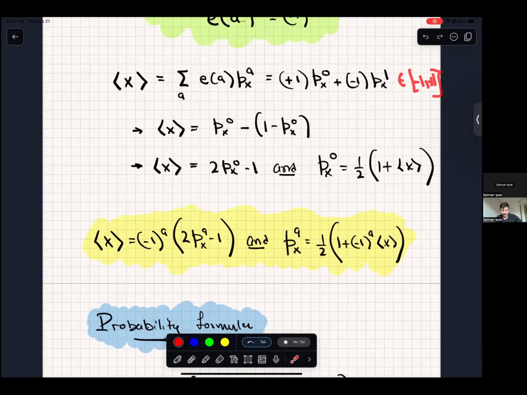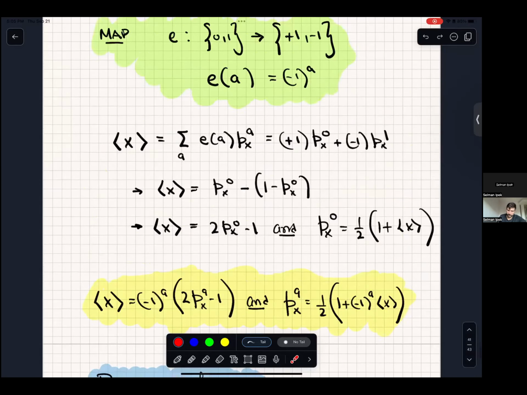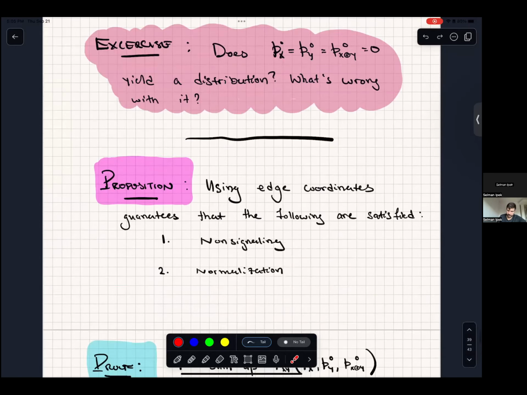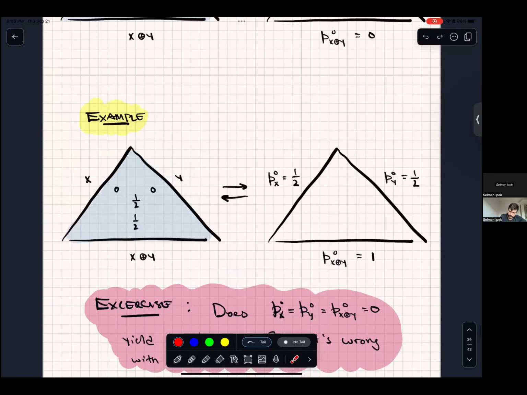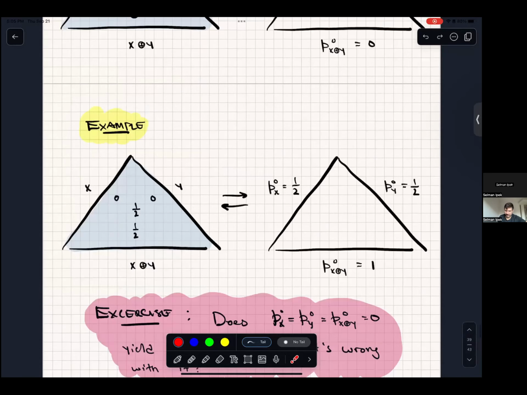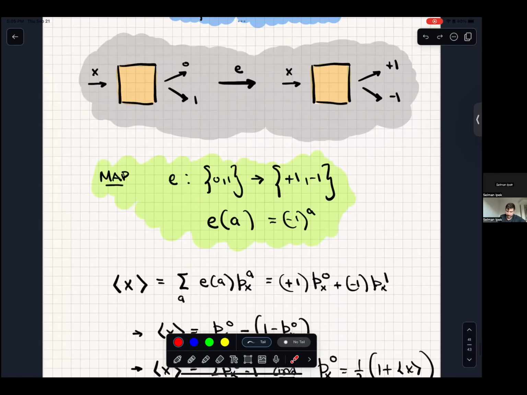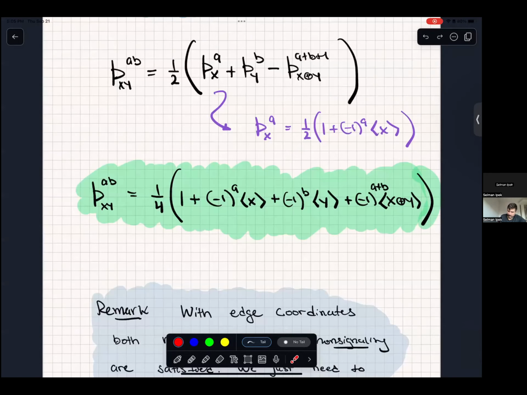The reason that this is nice is because the probability formula that we wrote above is a little bit difficult to look at, but when you write it in terms of expectations, just by plugging in the formula that we already had, it's more straightforward to look at.